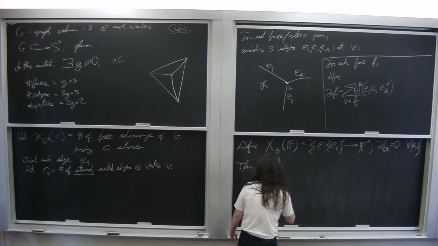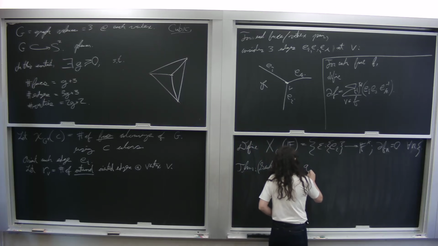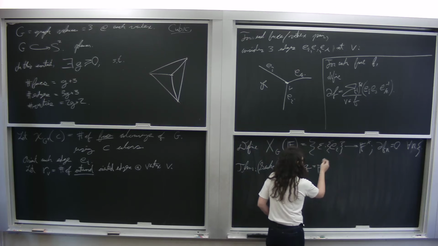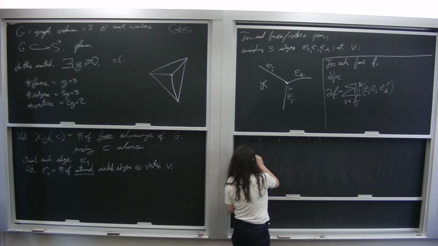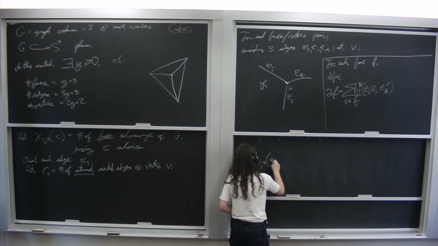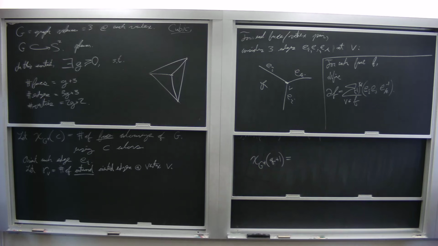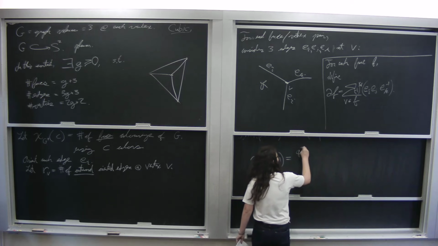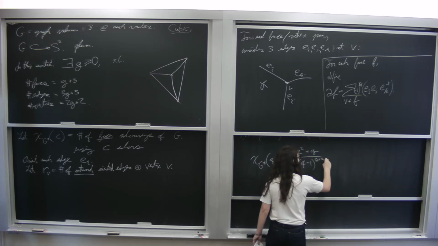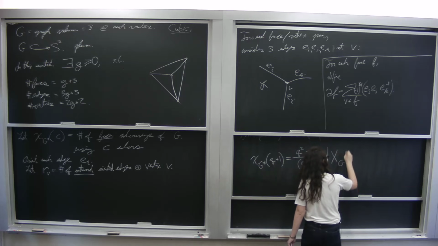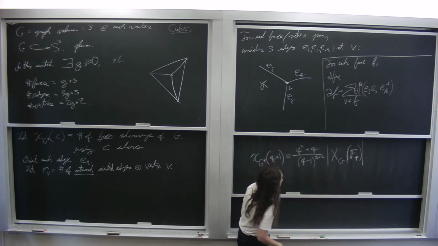So the theorem says that for Q equal to P to the M, we have that chi G star of Q plus 1 is equal to, let me make sure I get the constants right, Q squared plus Q divided by Q minus 1 to the G plus 2 times the number of points in X_G over the field F_Q. Okay.